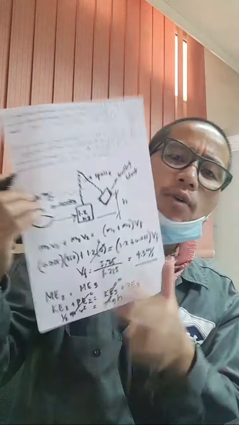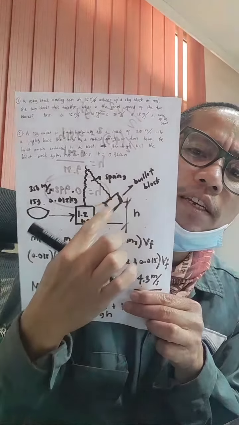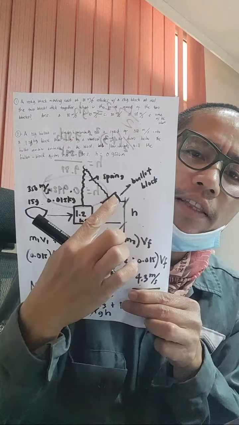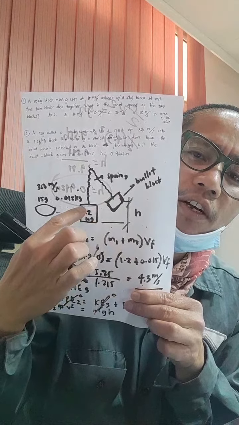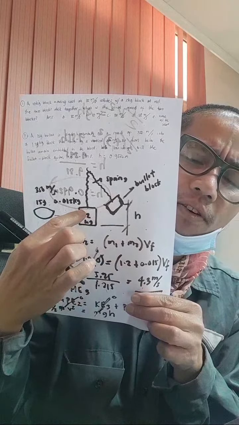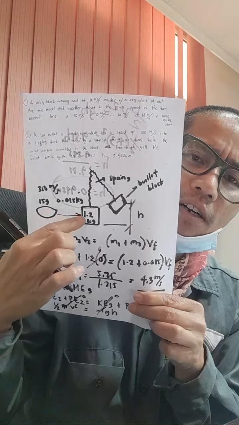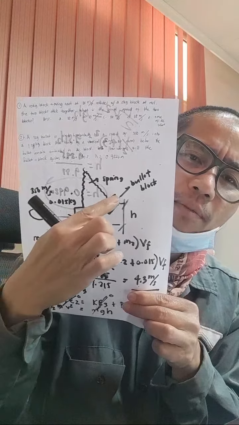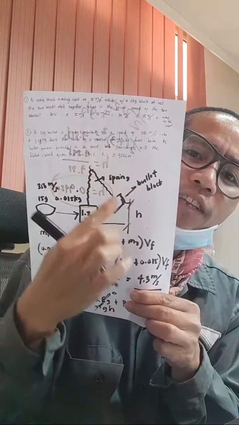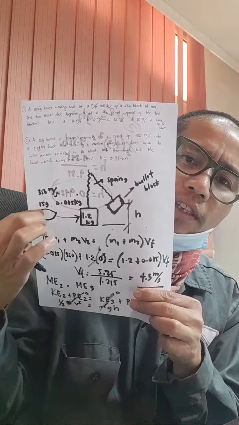So this is now the height covered by this bullet and block as it goes here, and then it will come back like this, going back again. At this point the bullet will hit this block, and of course it will rise to a slightly higher height, but then suddenly the height will reduce because there's no pushing anymore with this bullet.